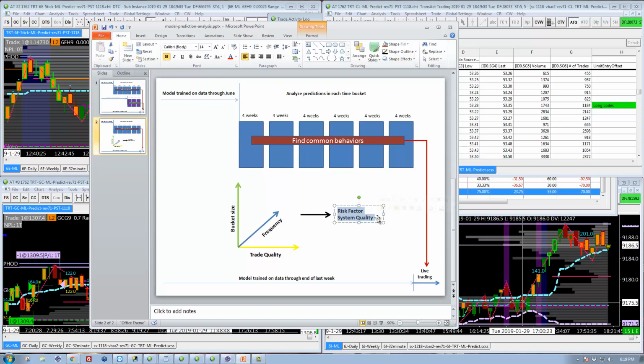We want to see that number less than 20%. More than that, even if you have high quality trades, just the fact that you've got a higher risk factor means it's much easier to get long stretches where you're just getting whacked.